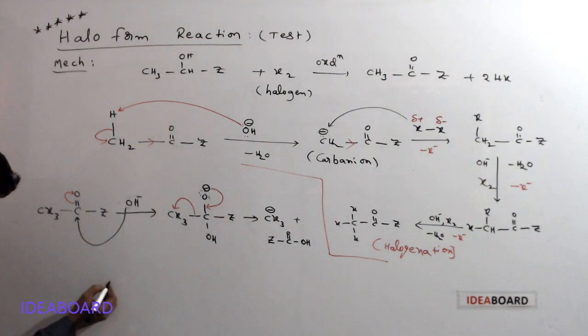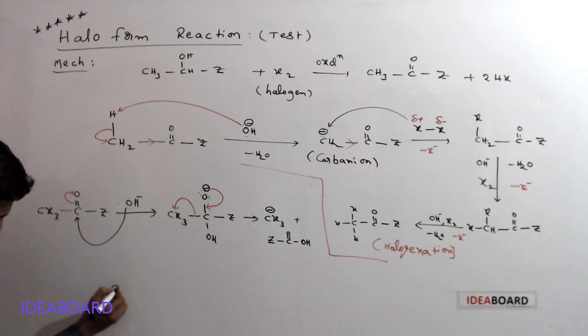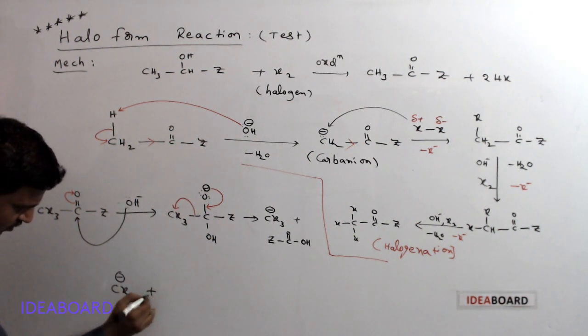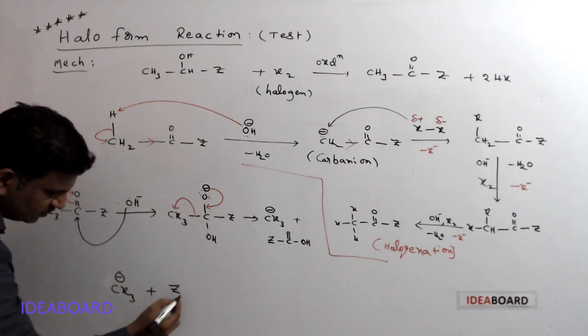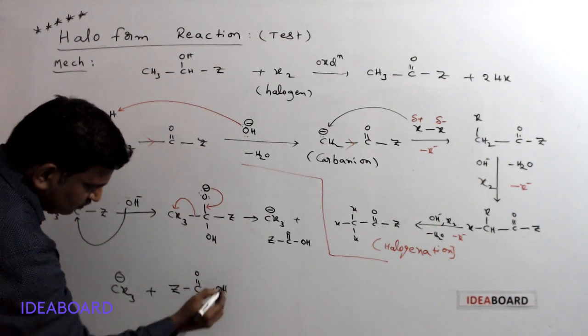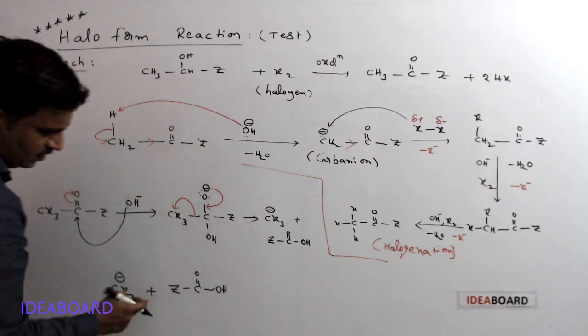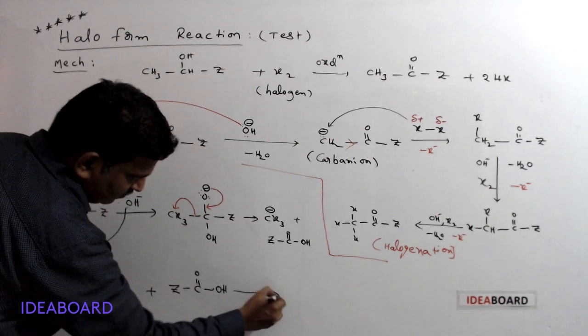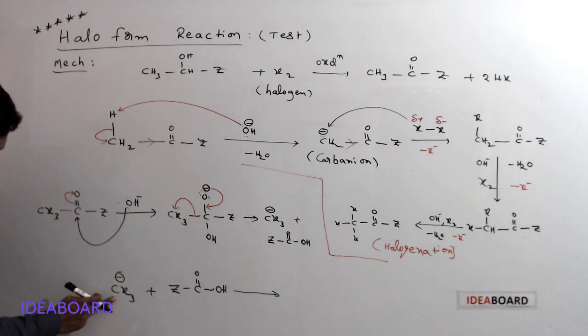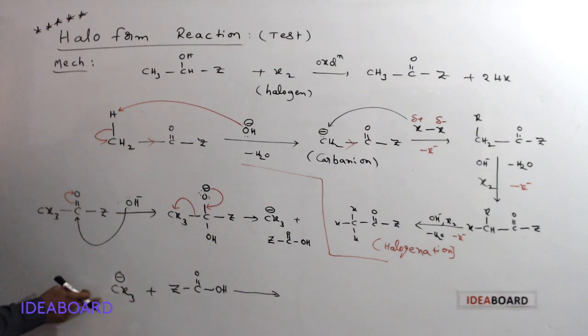Now I am writing again here: CX3 minus is now reacting with ZCOOH. These two compounds are formed and then rearrange. Rearranging, because here the electron density is more, and this has an acidic hydrogen or proton.